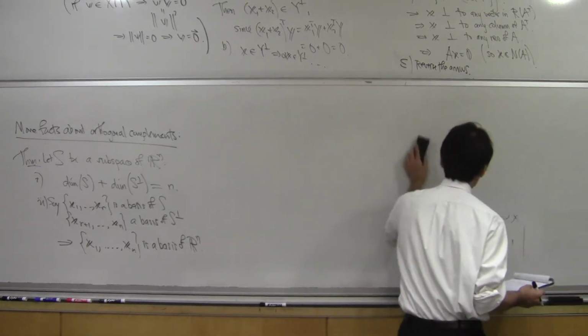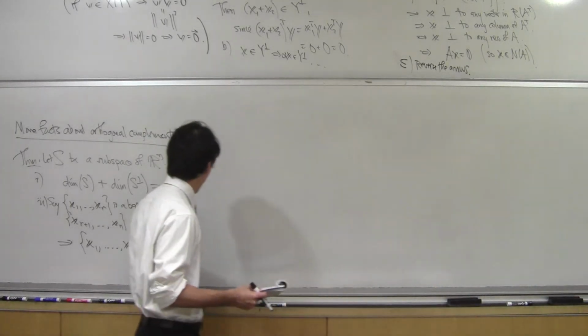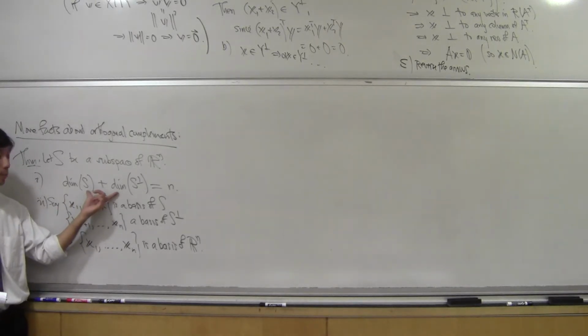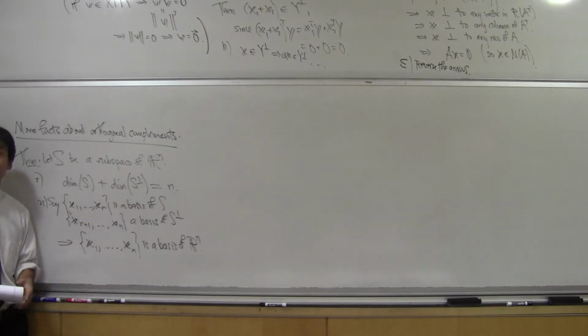So I'm going to have you do this as an exercise, hopefully both parts of it, if there's enough time. But before I let you try part 1, I want you to answer the question, what does this remind you of? The rank theorem. This reminds you of the rank theorem. Dimension of something and the dimension of something equals n.